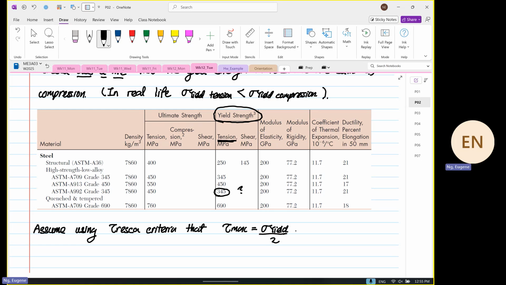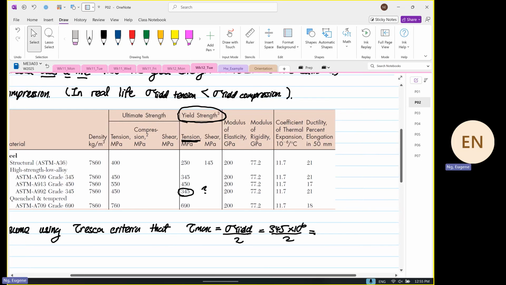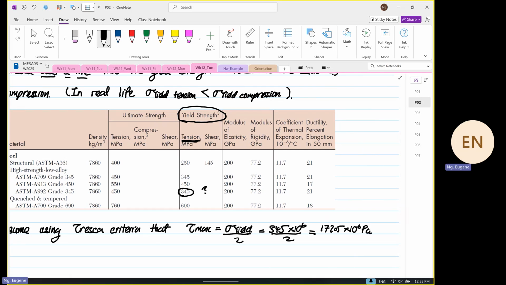So when that is the case, you will have 345 times 10 to the power 6 divided by 2, which is equal to 172.5 times 10 to the power 6 Pascal.